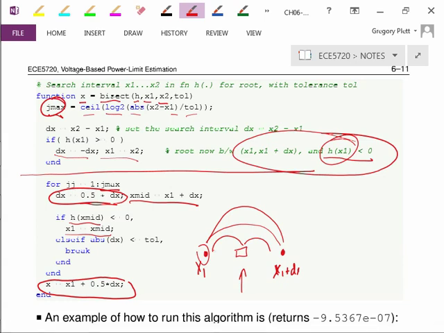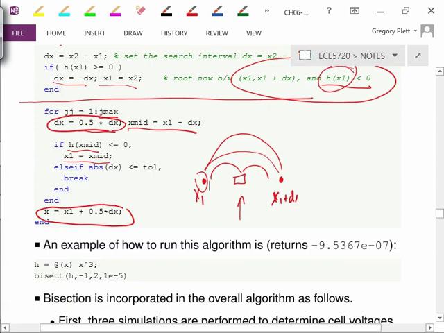So there we go. There's a procedure to perform bisection. Here's an example of how to use the procedure on something we know about to begin with, and it's the function x cubed. X cubed looks like this. We know the root is at 0, but I am creating a new inline function here, h equals at x, that says this is an inline function where the variable is x, and the function is x cubed.